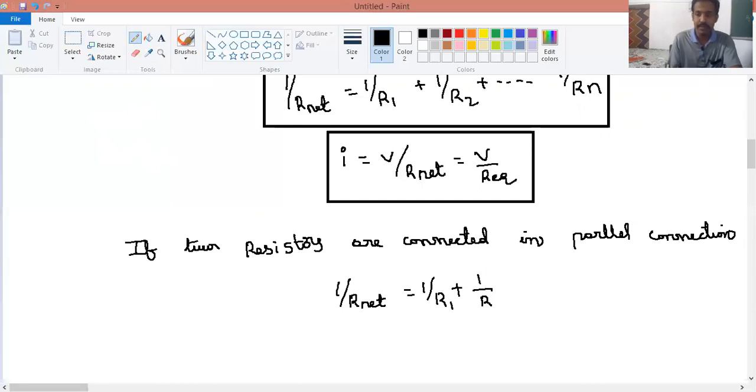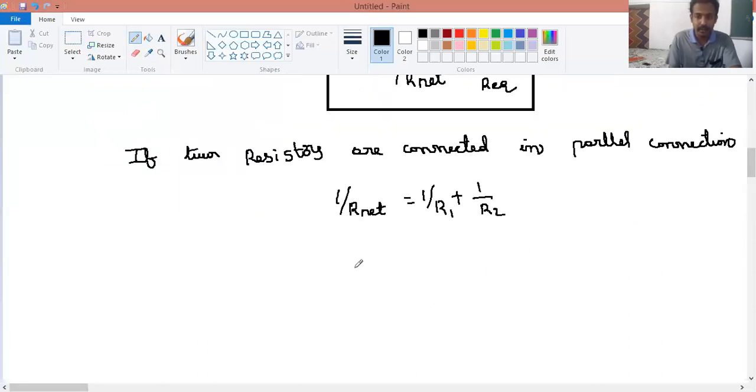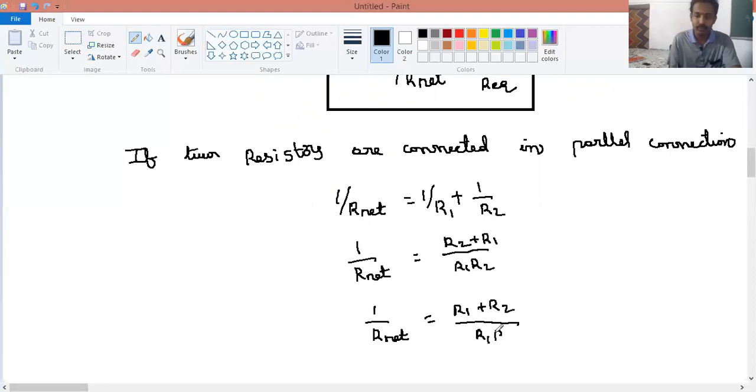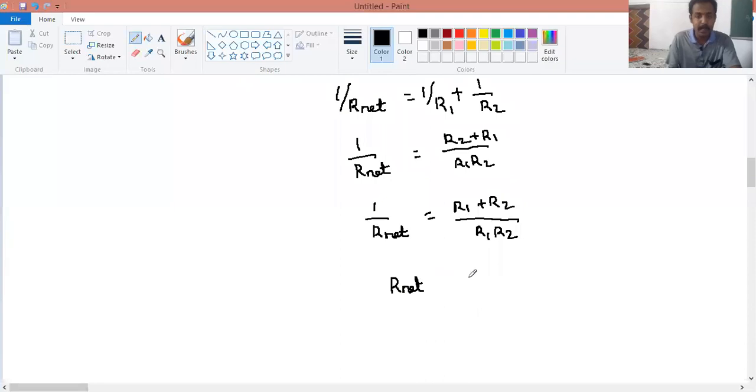If you simplify this, the LCM is going to be R1 R2, and the numerator is R2 plus R1. So 1 by R net is equal to R1 plus R2 by R1 R2. So what is R net in this condition? R net is equal to R1 R2 divided by R1 plus R2. This is a simple shortcut which you can use when two resistors are connected in parallel connection.